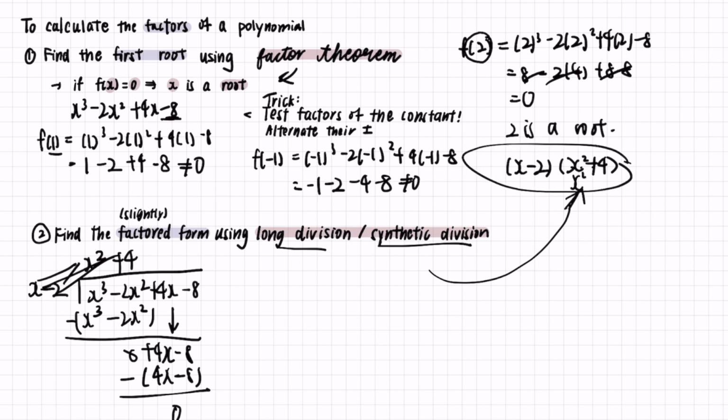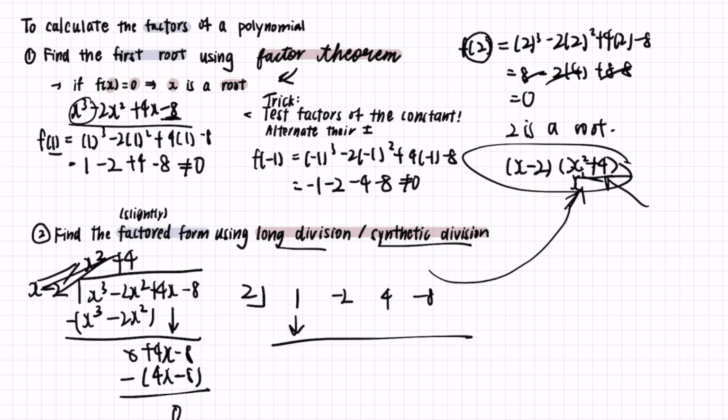Like this. But now you can also get the same result using synthetic division. This means that in the polynomial you need to write down the coefficients of each of the x's: 1, -2, 4, -8. Then write down the root, which is 2.